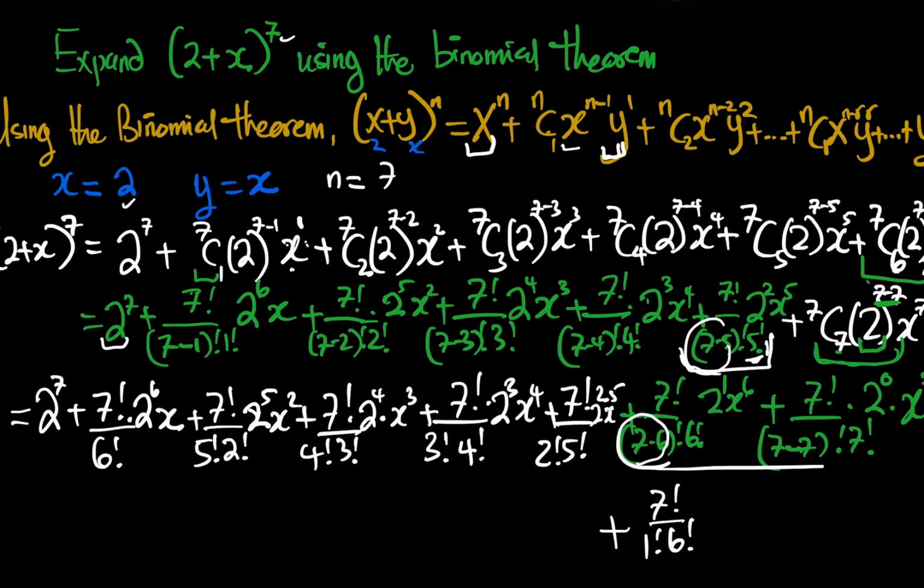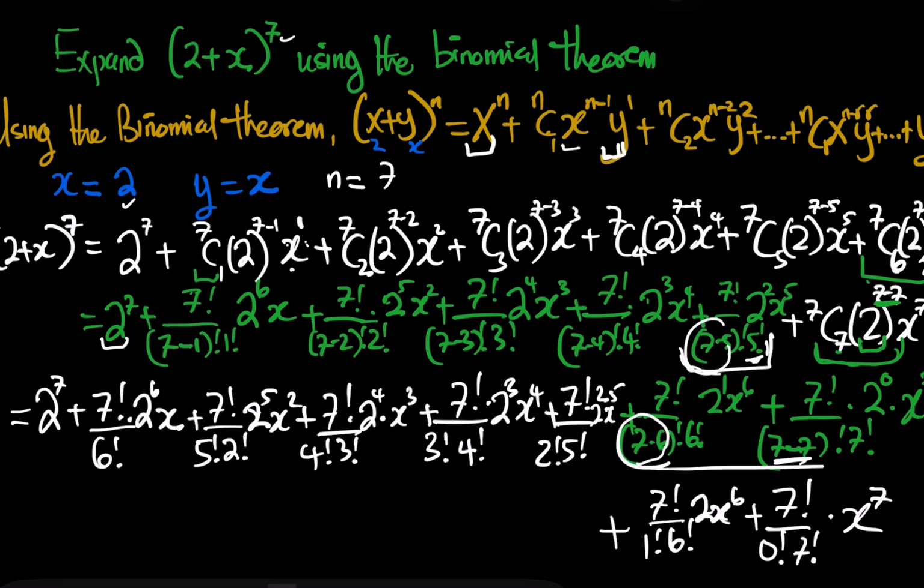And we have 2 to the power 1, which is 2, multiplied by x to the power 6, plus 7 factorial divided by 0 factorial multiplied by 7 factorial. And then we are multiplying this also by x to the power 7 in that order.